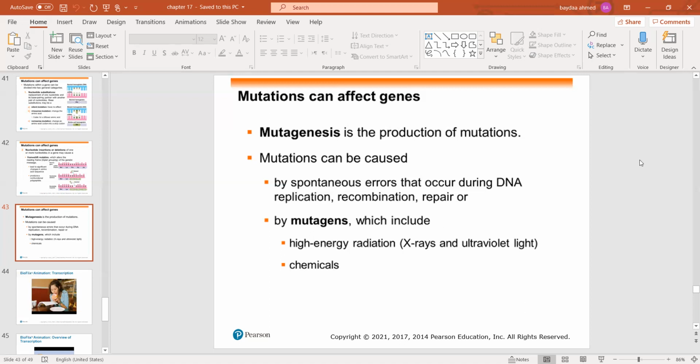Researchers have developed a variety of methods to test the mutagenic activity of chemicals. A major application of these tests is the preliminary screening of chemicals to identify those that may cause cancer. This approach makes sense because most carcinogens, cancer-causing chemicals, are mutagenic, and conversely, most mutagens are carcinogenic.